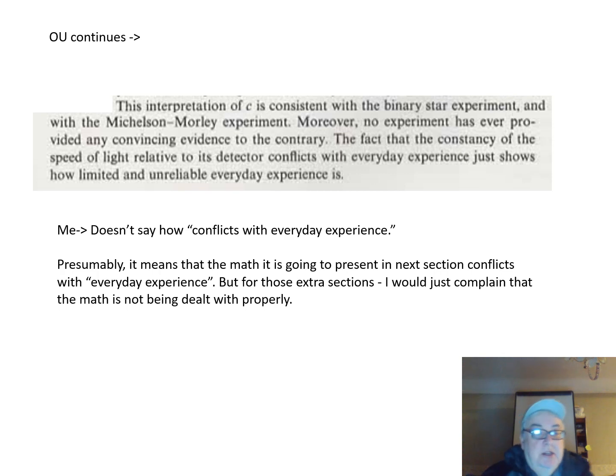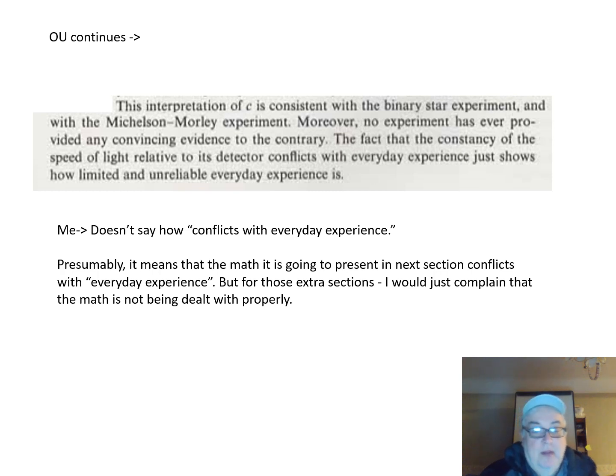Open University continues, this interpretation of c is consistent with the binary star experiment and with the Michelson-Morley experiment, and that was dealt with in my previous videos. Moreover, no experiment has ever provided any convincing evidence to the contrary. The fact that the constancy of the speed of light relative to its detector conflicts with everyday experience just shows how limited and unreliable everyday experience is.